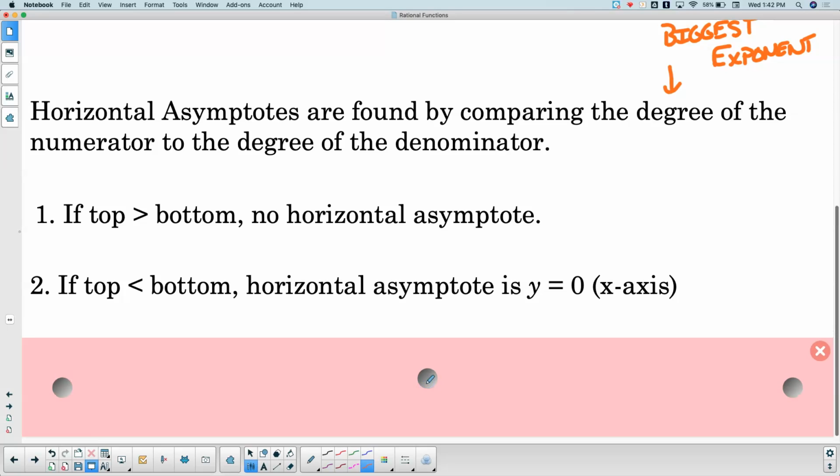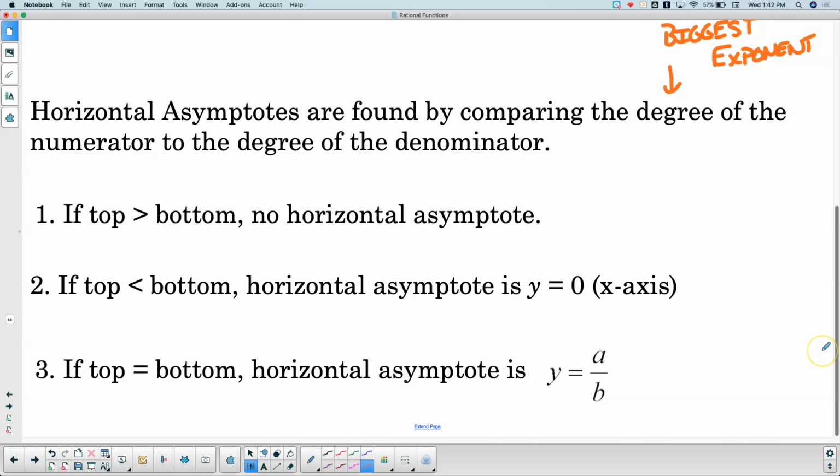If the bottom is bigger, y equals 0 is the horizontal asymptote, or the x-axis. That's what we've been dealing with so far. We've always had the bottom being the bigger degree. And if they're the same, then the horizontal asymptote is y equals a over b.